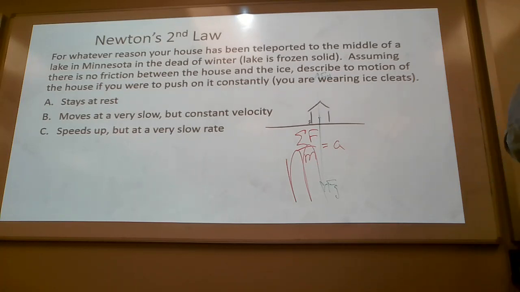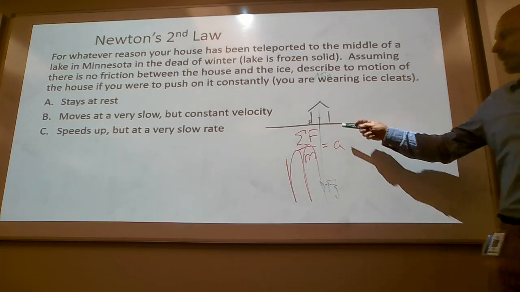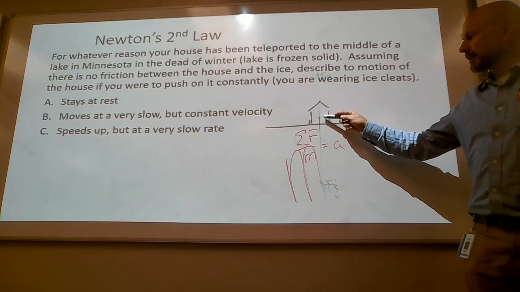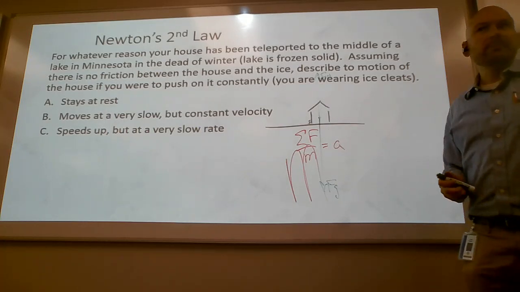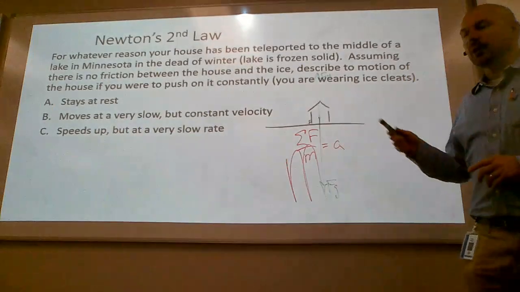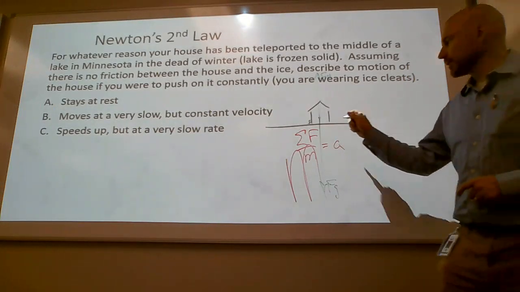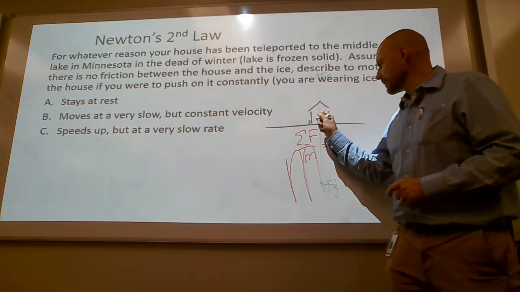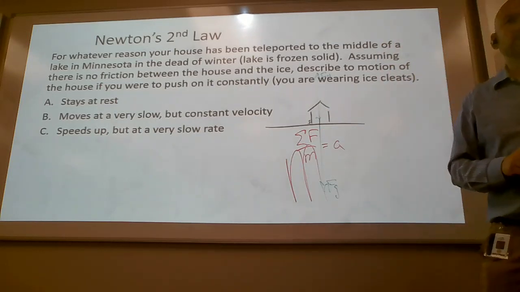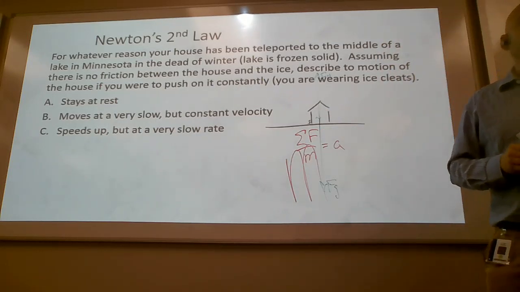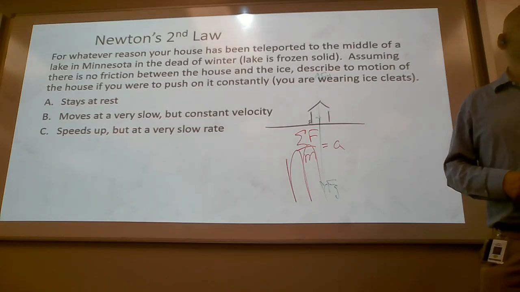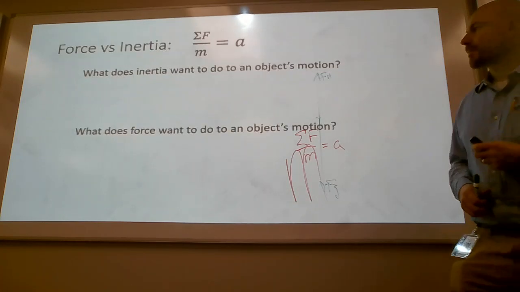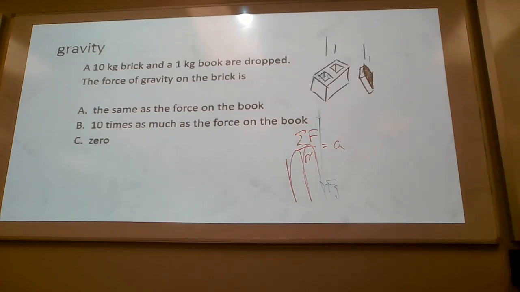But mass does not cancel out force. Neither does the force of gravity cancel out something acting horizontal. They're independent of each other. The only thing that's going to make this at rest is if there's some other force in the horizontal direction that cancels that out. Force only cancels out forces. Okay, hear that? Already talked about that.